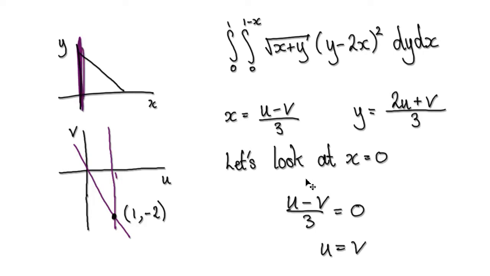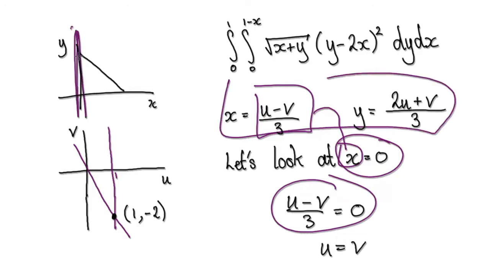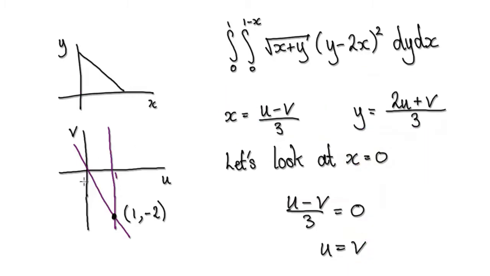Well, this line here, let's put this into here. So this thing here will then become this. Under this transformation, this line here will then become u equals v, which is a diagonal line like this.